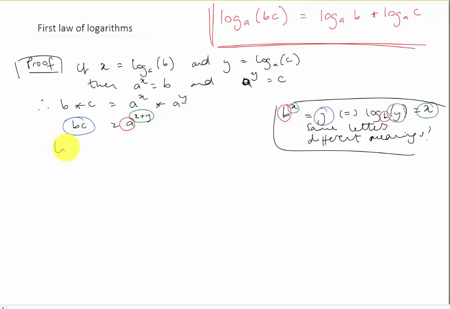Okay, so now we can use this. So that means that the log of a, so that's our base in this story, is equal to the log in base a of b times c, so that's our y, is equal to x plus y.